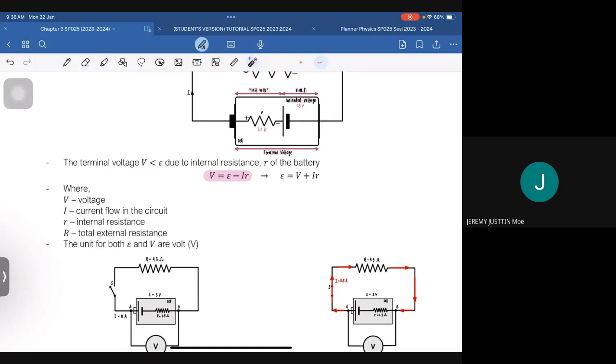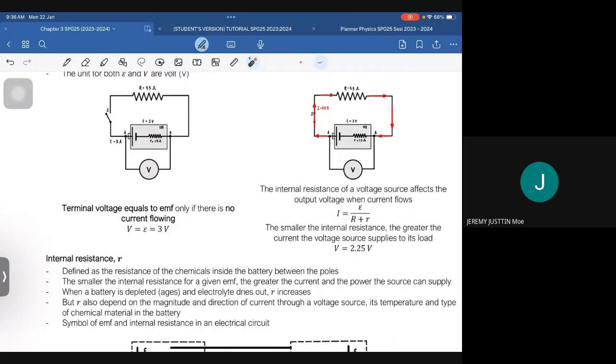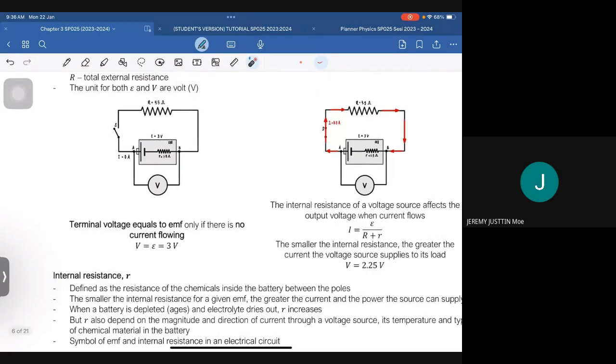Okay, sebab yang ini dia akan continue sampai subtopik kita yang selepas ni. Dia sampai 3.9, 3.8. So make sure kamu understand terminal voltage ni dengan electromotive force. Okay, so assume, so when there is no current flowing, we can say terminal voltage ni akan equal to electromotive force lah, sebab there's no loss volt.